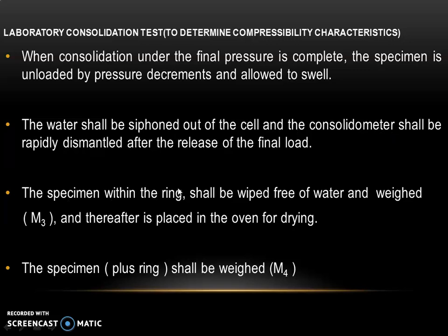The specimen within the ring shall be wiped free of water and its mass will be noted down as M3. And later on it will be placed in oven for drying. Now the weight of the soil sample including ring will be noted down and its mass will be M4.